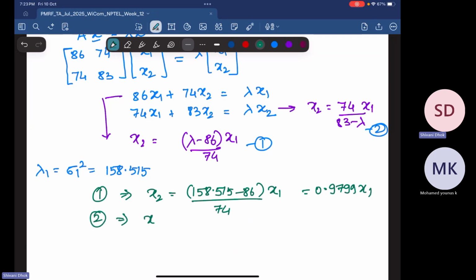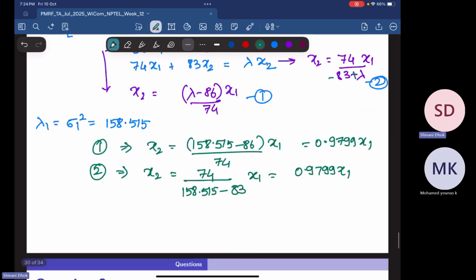And equation 2 will give me x2 equal to 74 by lambda minus 83, that is 158.515 minus 83, into x1. This again comes out to be equal to 0.9799 x1. So now I'll set x1 equal to 1, which means that my x2 will be equal to 0.9799.